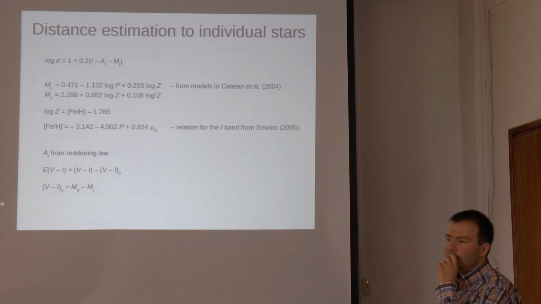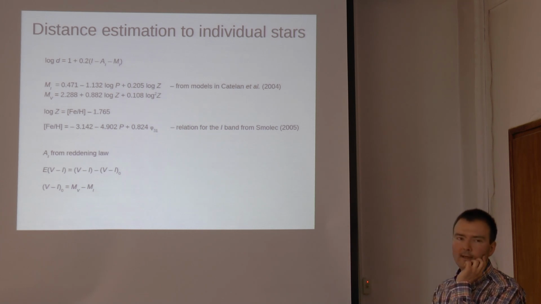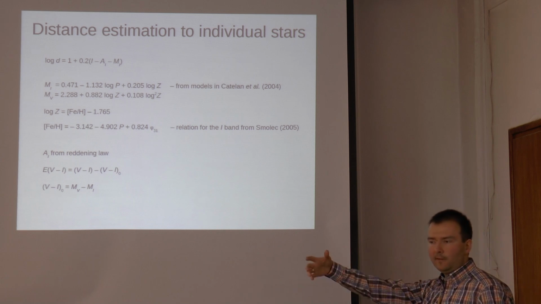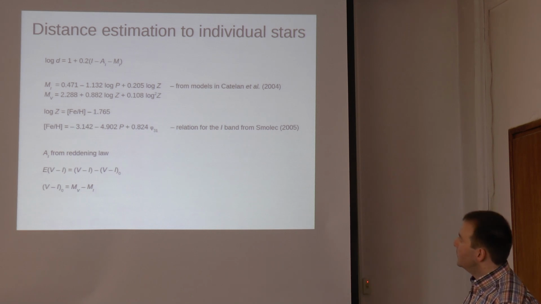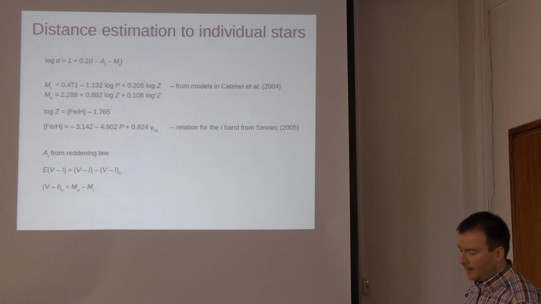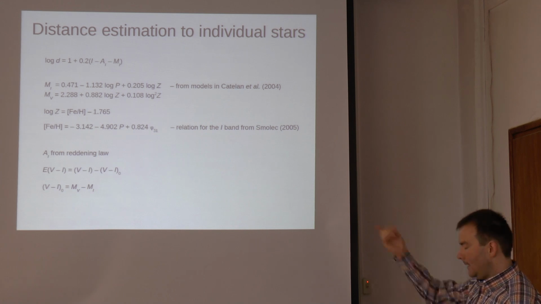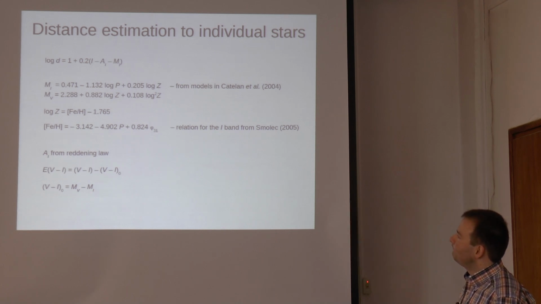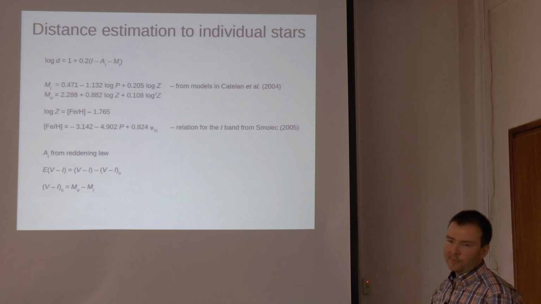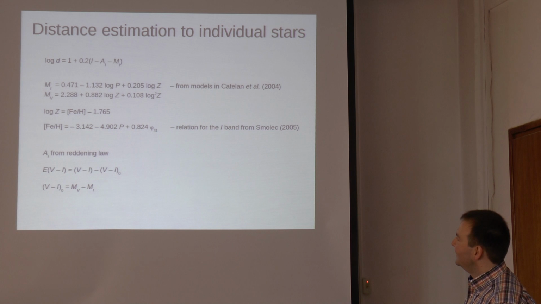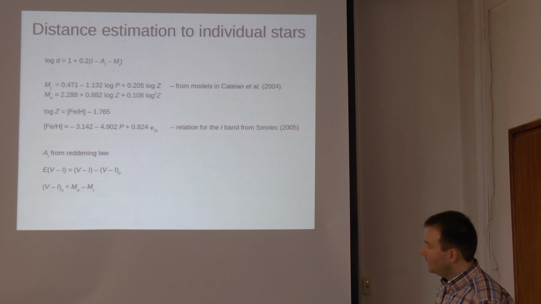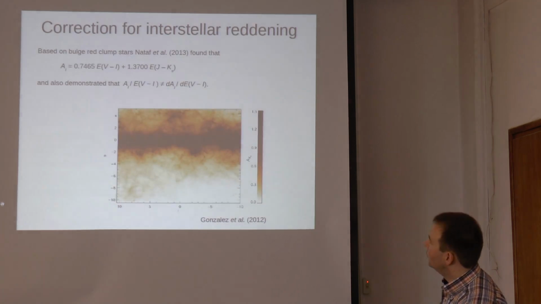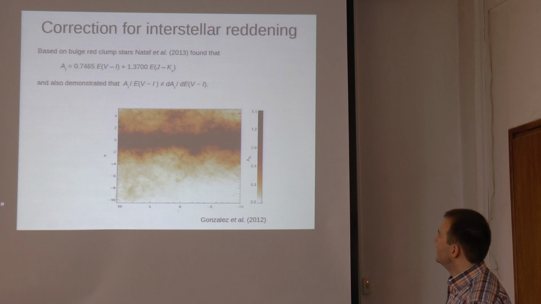But of course, the most interesting thing is what happens in 3 dimensions. So measuring distances here is very important. And the formulae are very simple, but there are many assumptions behind them, and some empirical relations, and the question of true reddening is still here.